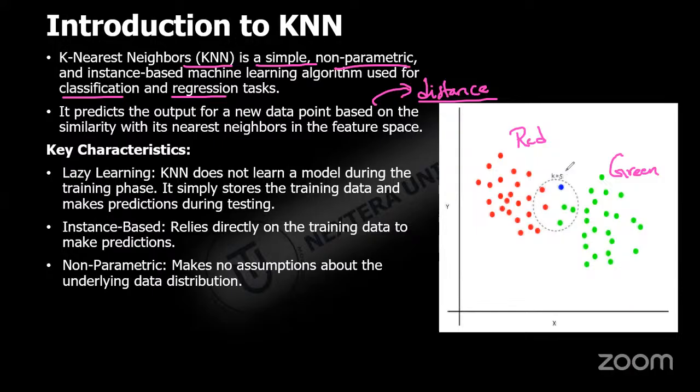How? We initially get the K value. What is this K value? K value represents neighbors. How many neighbors are to be considered? Here I'm considering K value as 5. By calculating the distance from this point to each and every other point in the plot, the 5 nearest neighbors will be considered.